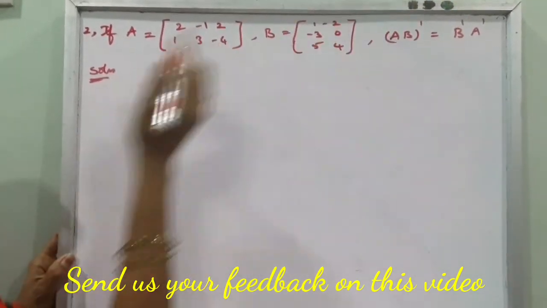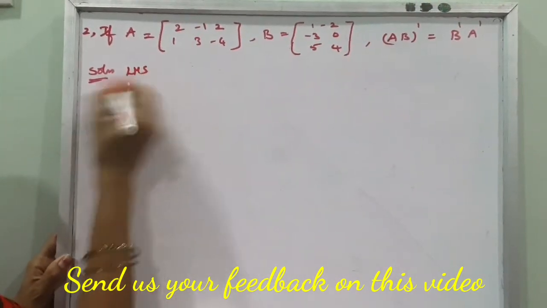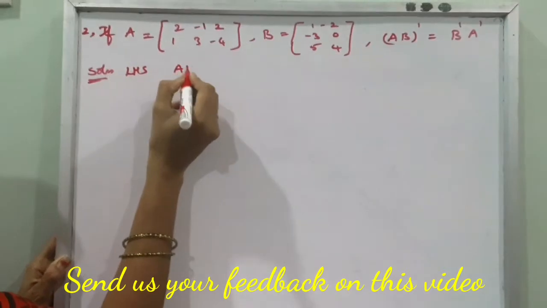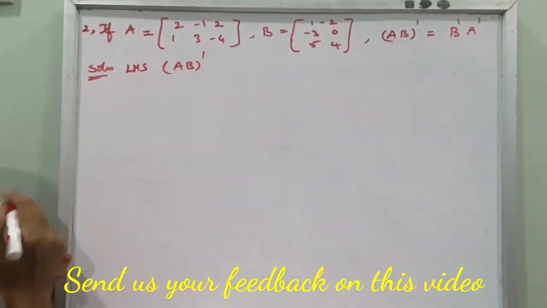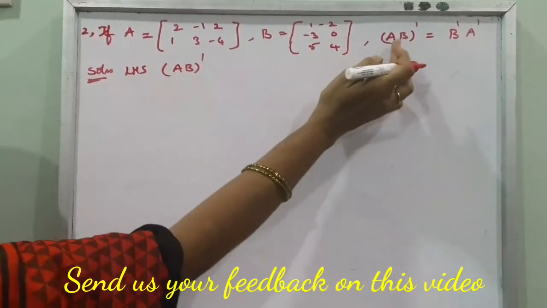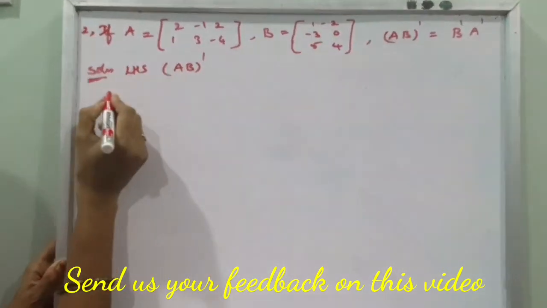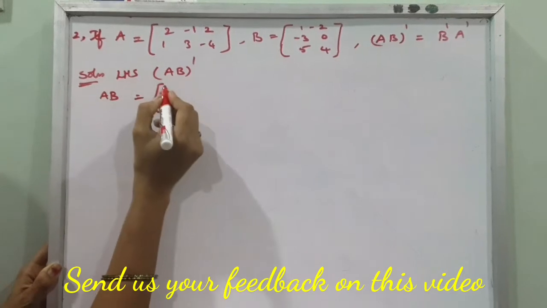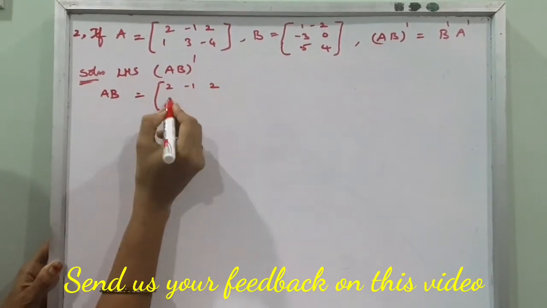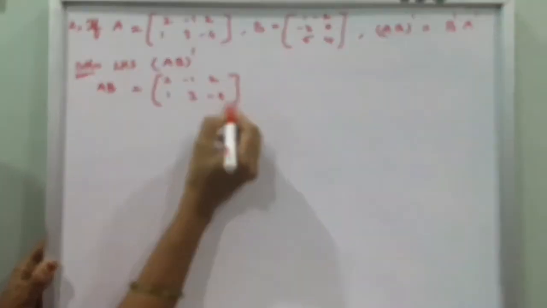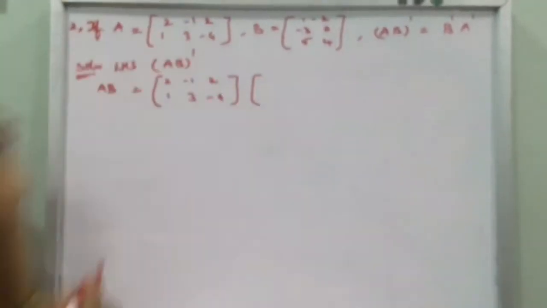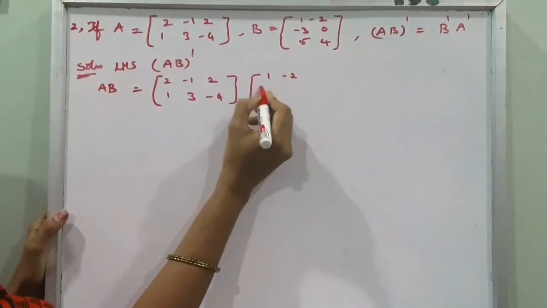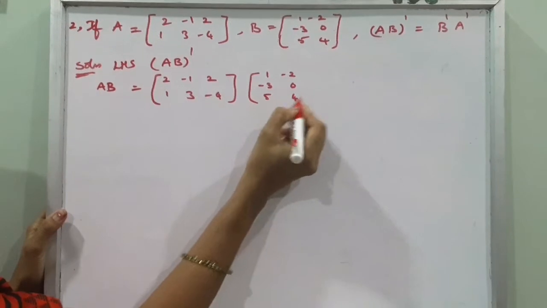First we take LHS, we have to prove RHS. LHS is AB whole dash. To prove this, first we have to find the AB. A into B. A matrix is 2 minus 1 2, 1 3 minus 4 into B matrix is 1 minus 2, minus 3 0, 5 4.